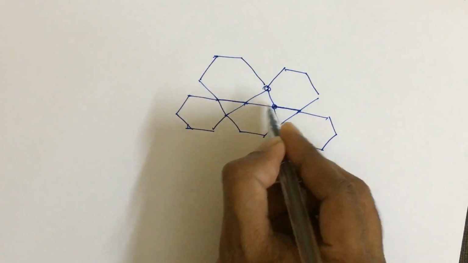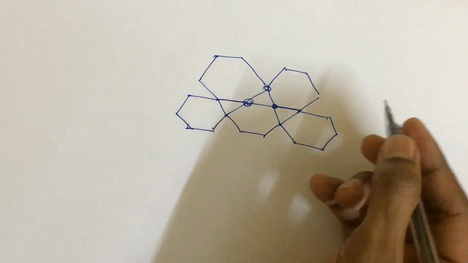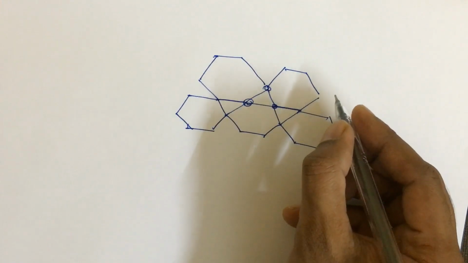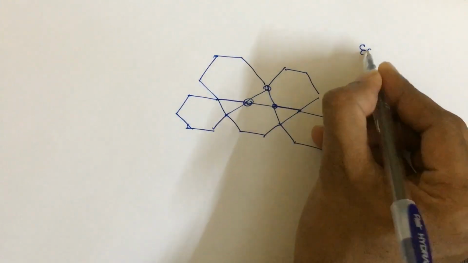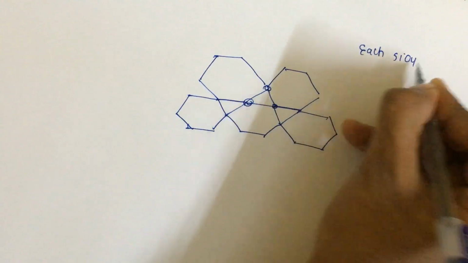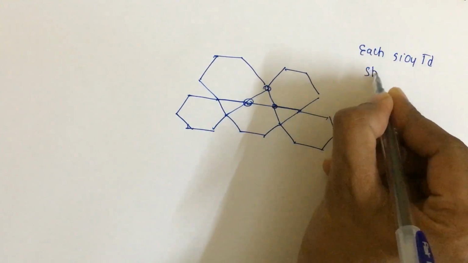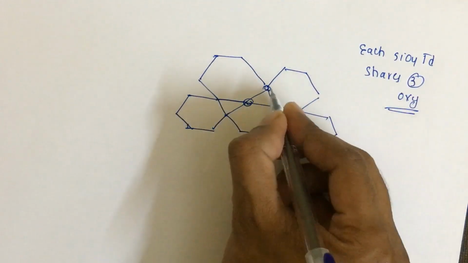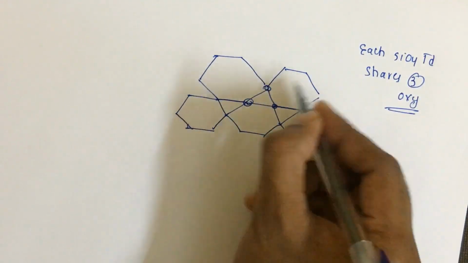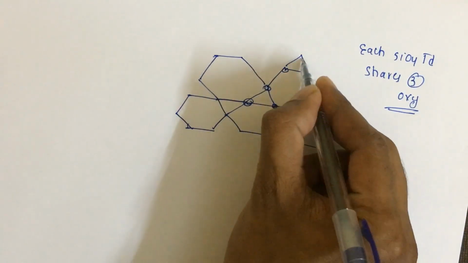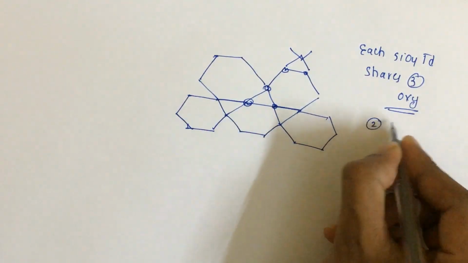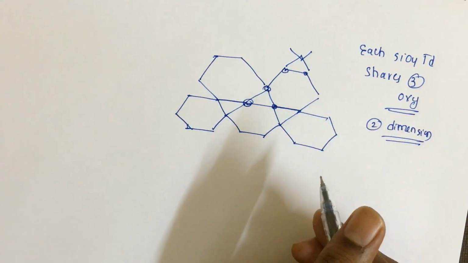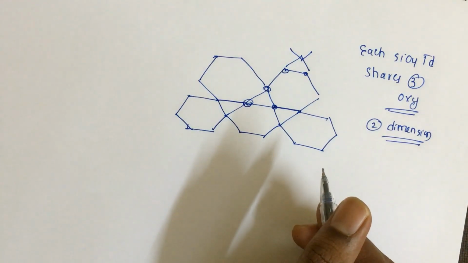Here we have oxygen atoms. This is forming a sheet, and here each SiO4 tetrahedron shares 3 oxygen atoms. So everywhere we have 3 oxygen atoms shared. So we can draw the structure like this. This is two-dimensional. This is about the sheet silicate, and the last one is the tectosilicate.